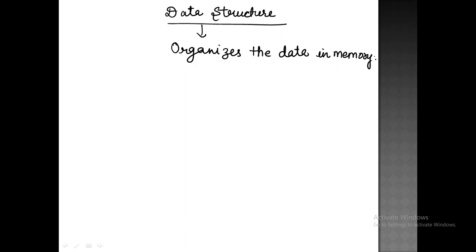In other words, array stores the same data elements in a continuous way, and this organization of data is done with the help of array as a data structure. And there are also other ways to organize data in memory.